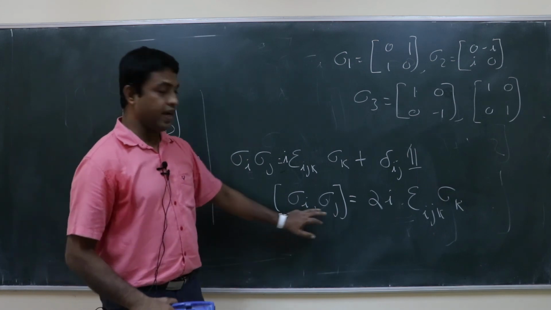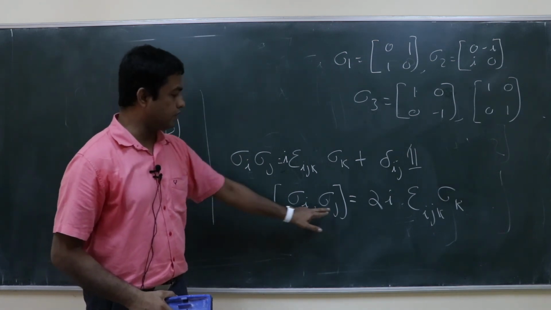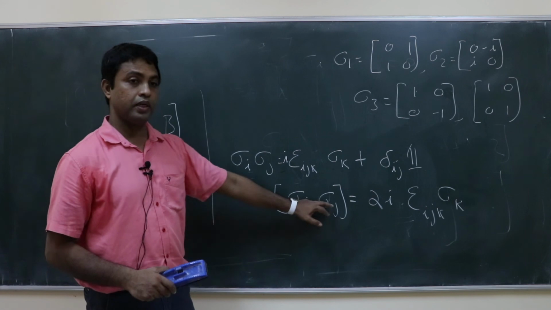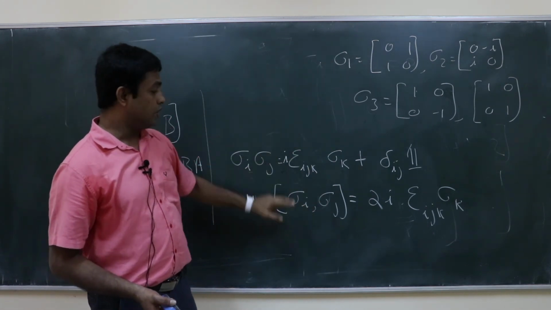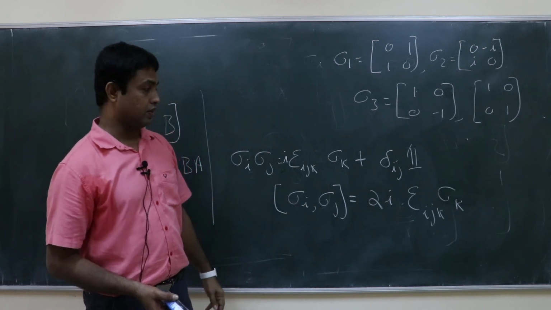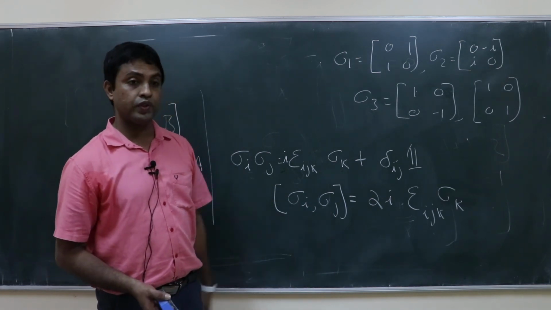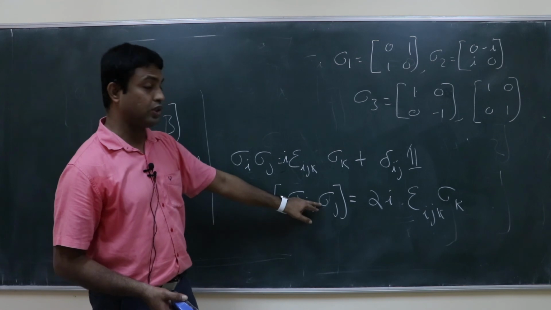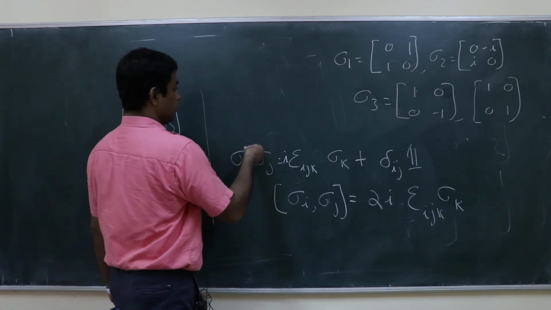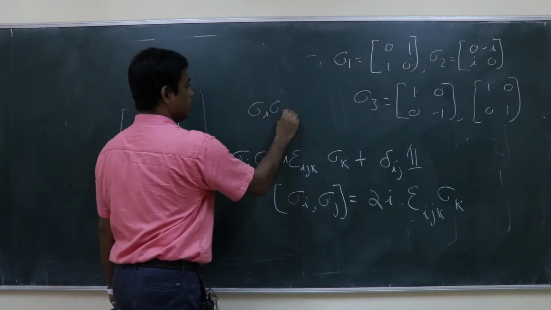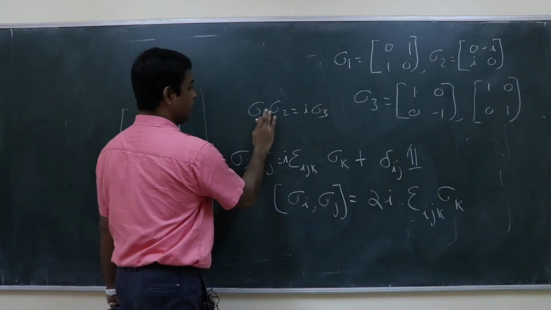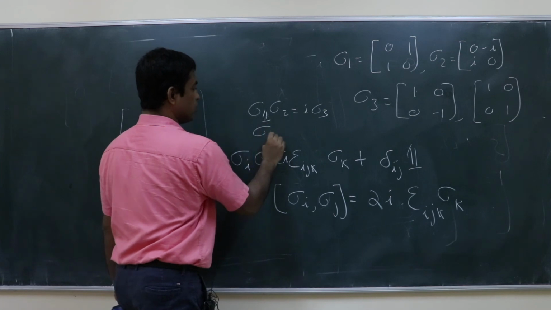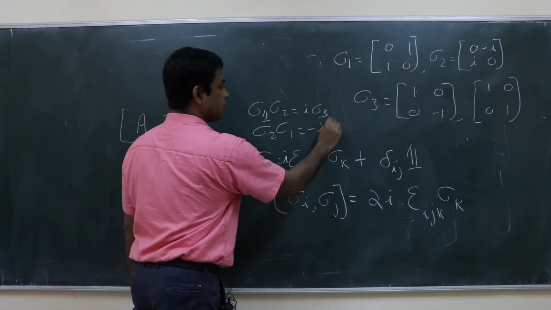See, if i and j are the same, if i is 1 and j is 1, sigma 1 commutes with itself, like any matrix. So sigma 1 commutes with sigma 1, but sigma 1 does not commute with sigma 2, because sigma 1 sigma 2 is i sigma 3, but sigma 2 sigma 1 is minus i sigma 3.